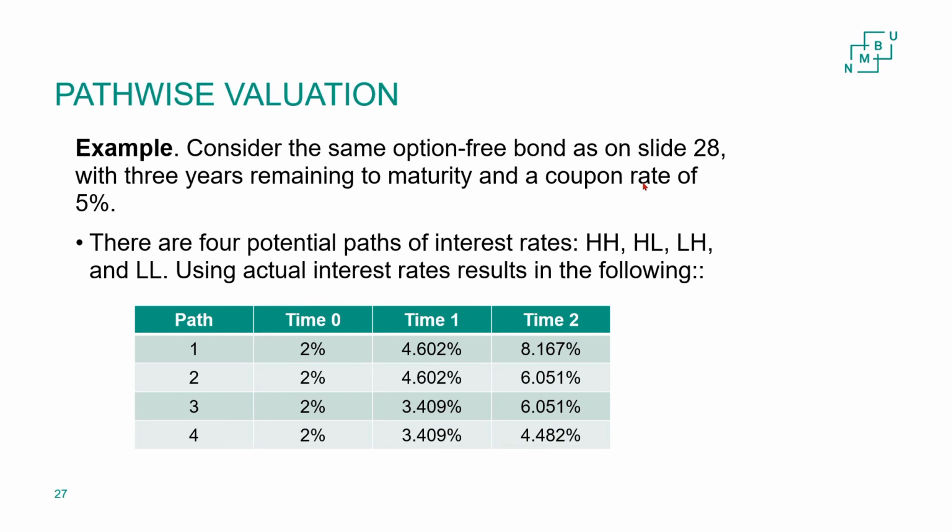For example, we have the same bond, the 3-year bond, and we can see that in our interest rate tree there are 4 different paths, which are the up move and up move, or the up move and down move, or the down move and up move, or the down move and down move.